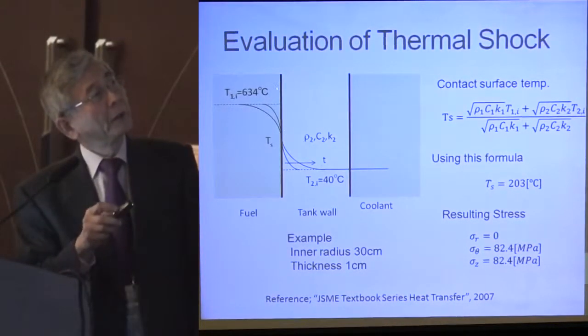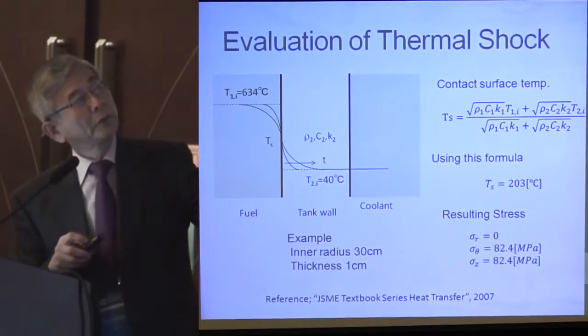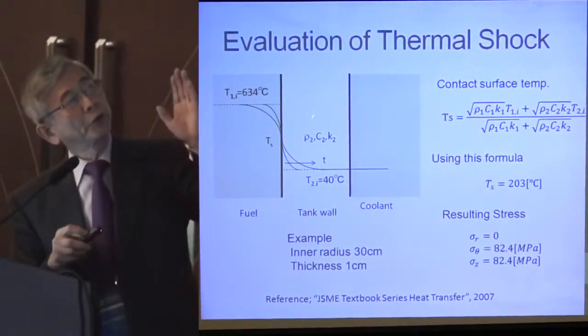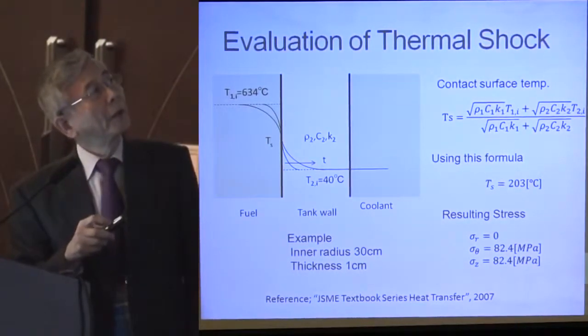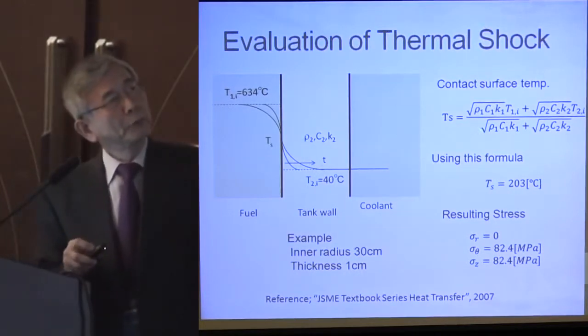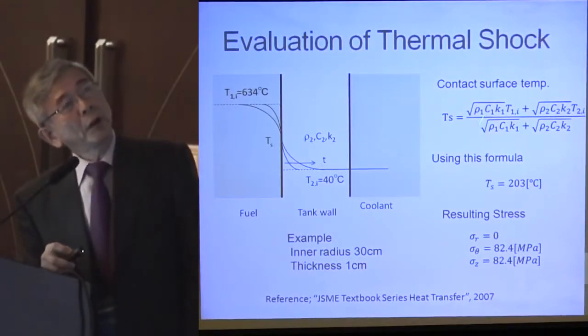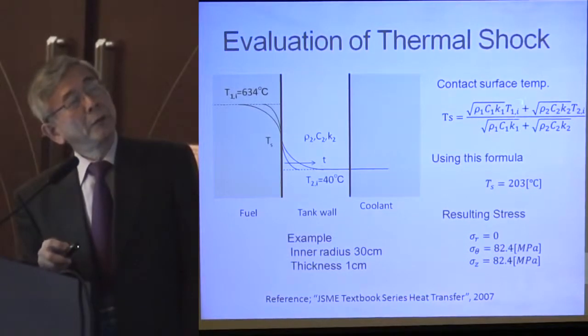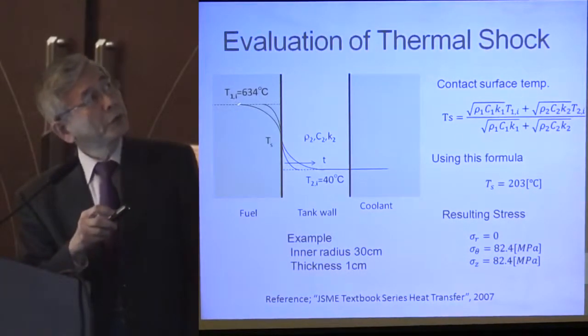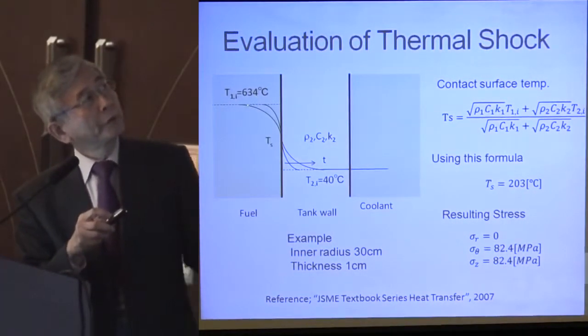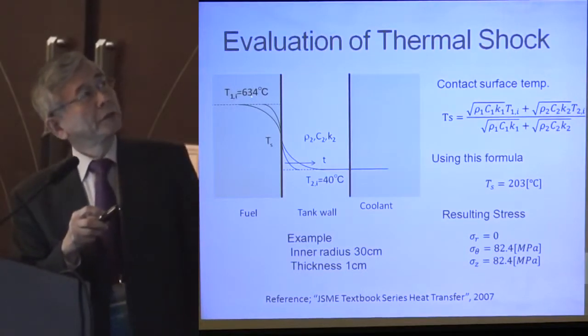This is the coolant tube outer surface, and according to this formula, the temperature at the initial point is 634 degrees.